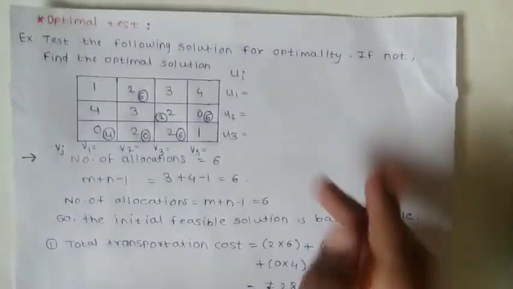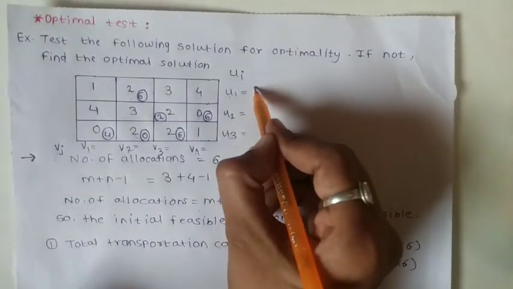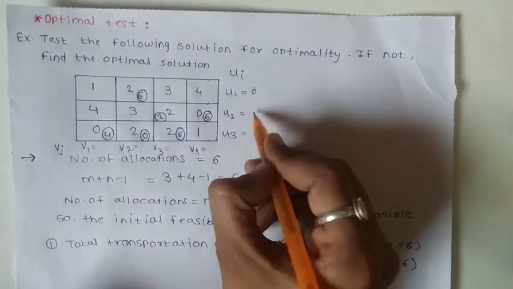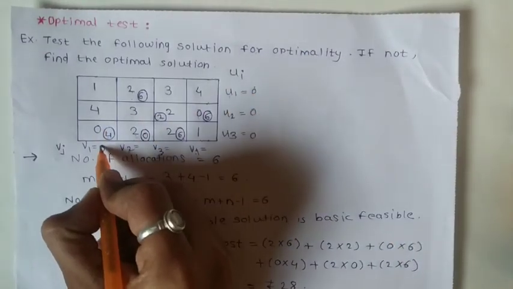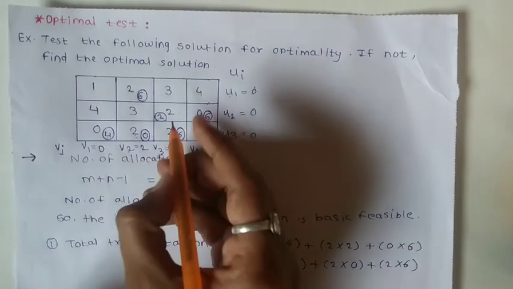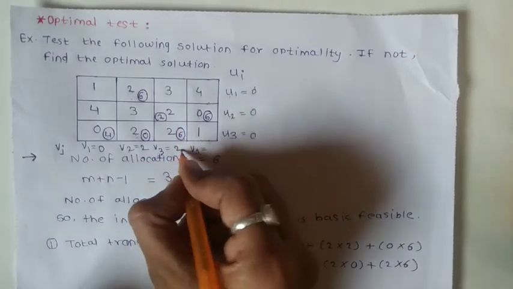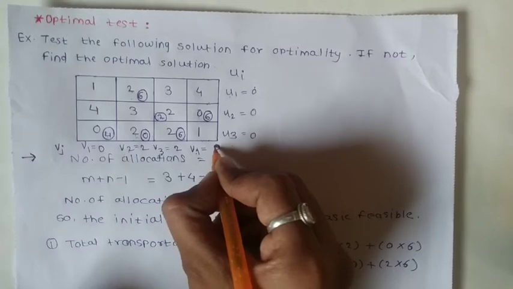So we have U1, U2, U3 as 0, 0, 0 and V1 0, V2 2, V3 2 and V4 0.